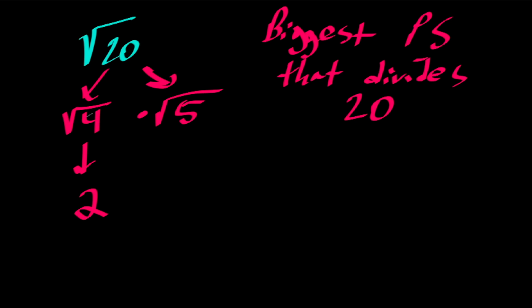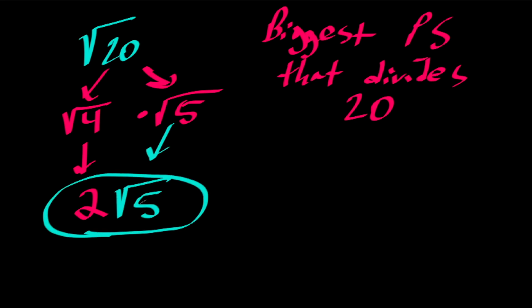Now we can do the square root of 4, so 2 comes out of the radical, but this square root of 5, I can't really do anything else to that. There's not a perfect square that divides 5 other than 1, and 1's not going to do me any good. So I can just keep the radical 5 in the radical and rewrite it with a coefficient of 2, and that would actually be my answer.